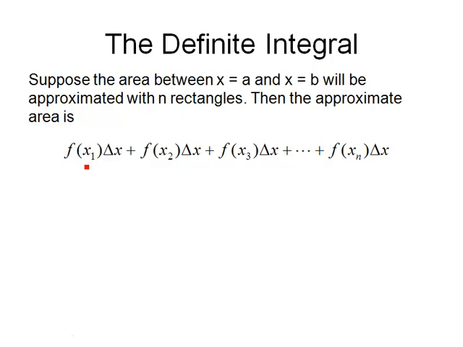So it'll be f of x sub 1 times delta x, that'll be the area of the first rectangle. f of x sub 2 times delta x, that'll be the area of the second rectangle. f of x sub 3 times delta x, that'll be the area of the third rectangle, and we'll do that till we get to the very last rectangle, the nth one, and that'll be f of x sub n times delta x. Depending on where we choose these x's, we can get left hand, right hand, midpoints, or something in between for our estimates of our sums.